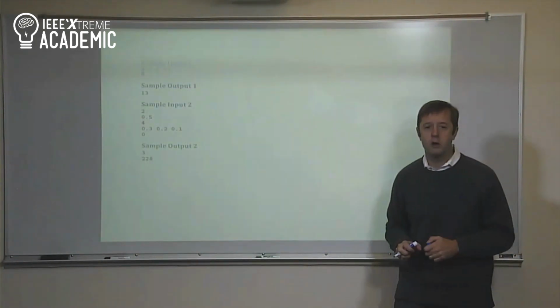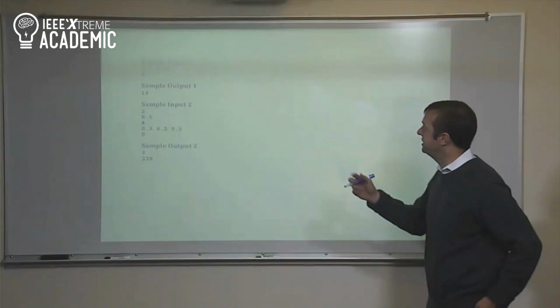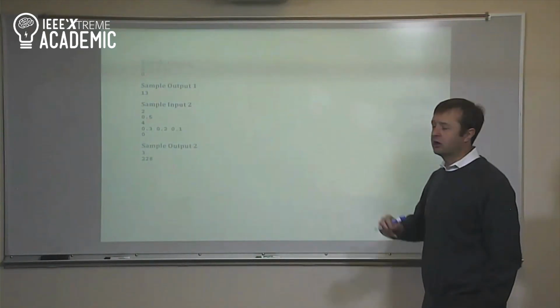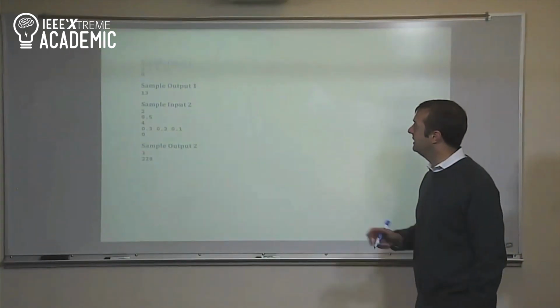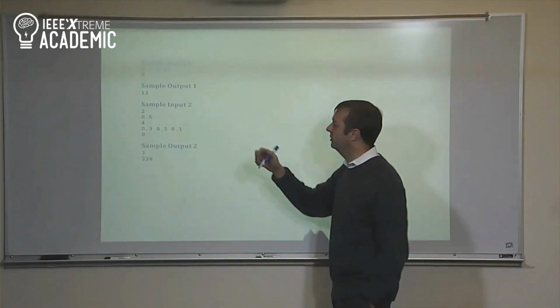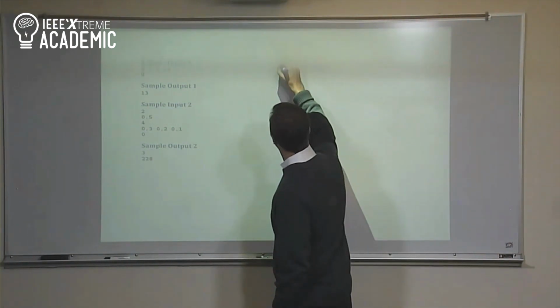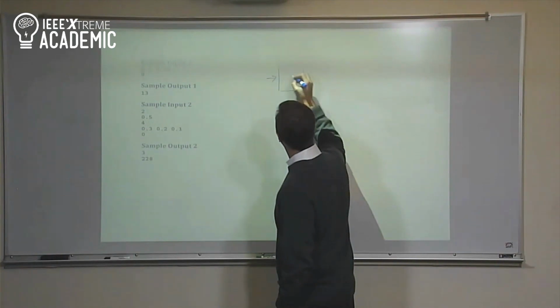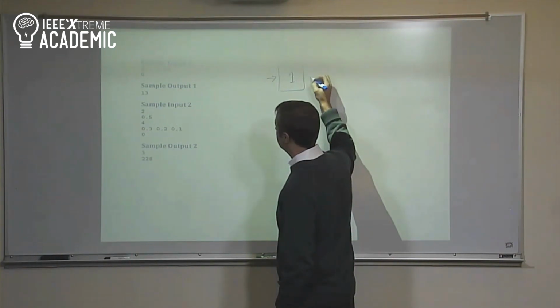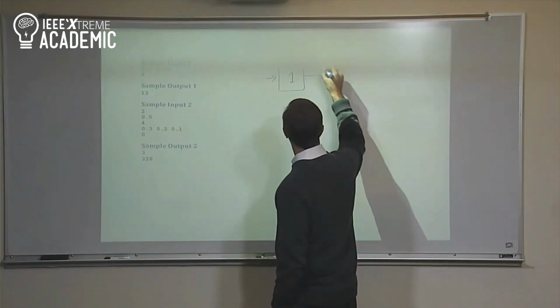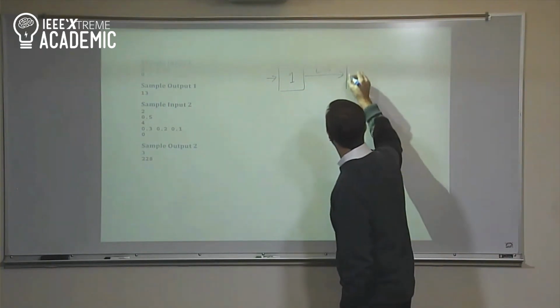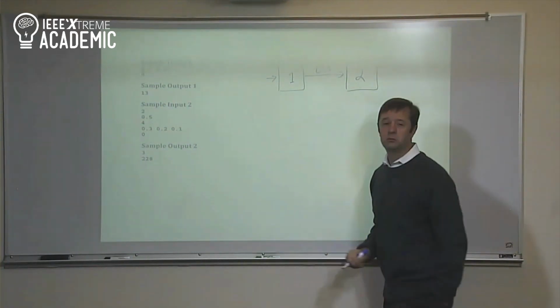All right. So now, armed with our approach to solving this problem, let's take a look at the cases in the sample input 2. So we have one case in sample input 2 where we go into square one, and then the transition probability is 0.5 to go into square 2. Right?